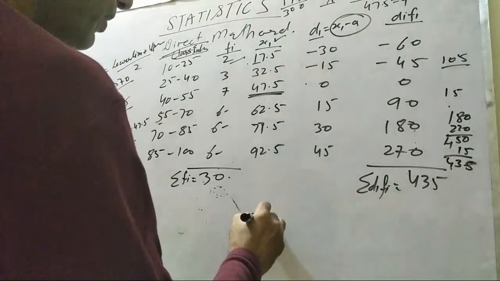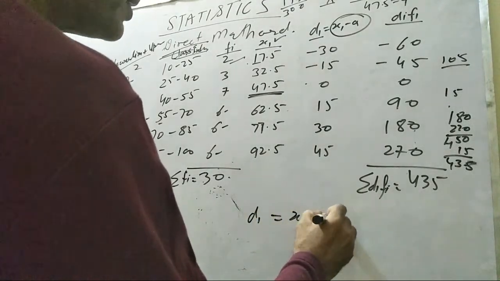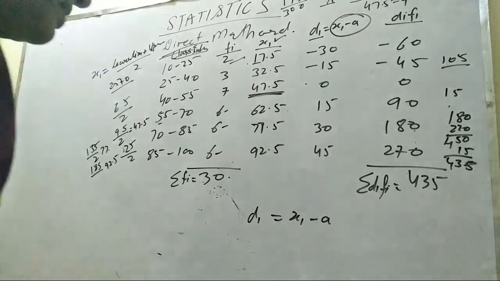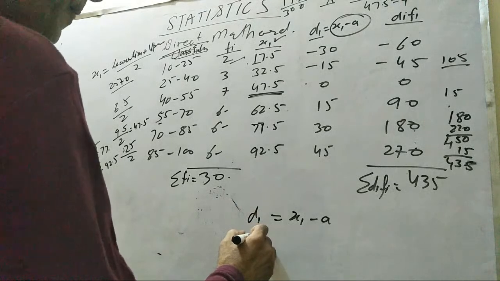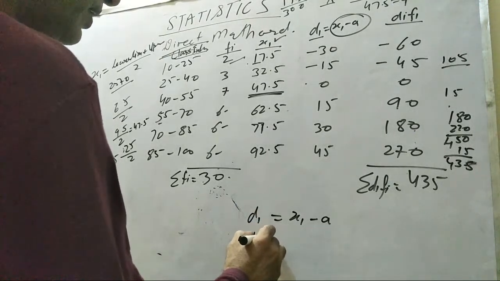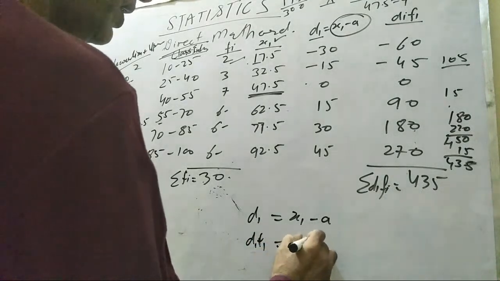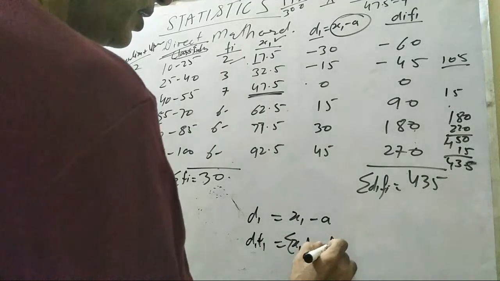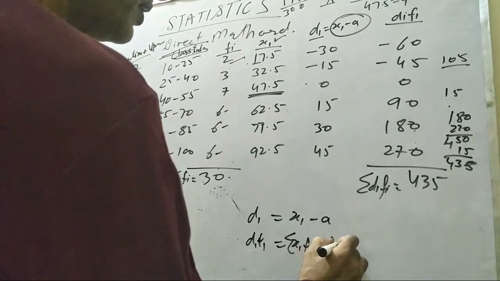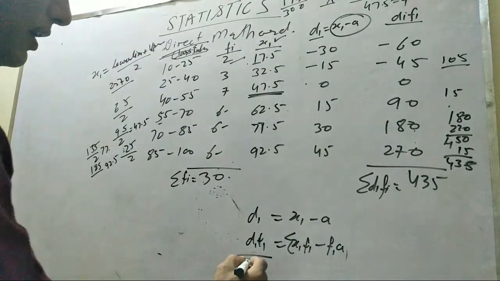we know that d1 is equal to x1 minus a. Now here multiply by f1 both sides. d1 f1 is x1 f1, sigma minus a f1, and divided both side.